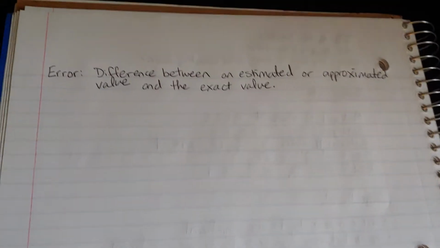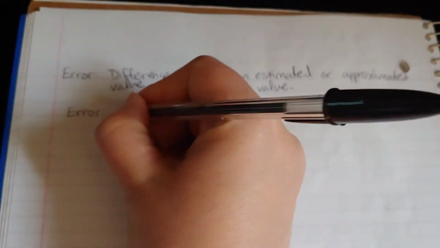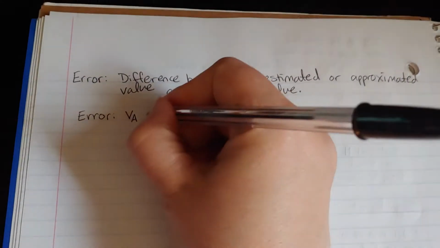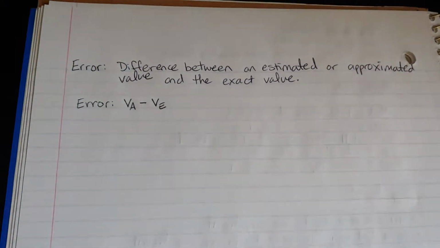That's error. So error, in other words, is the approximate value minus the exact value.